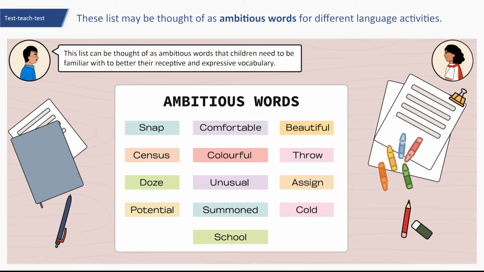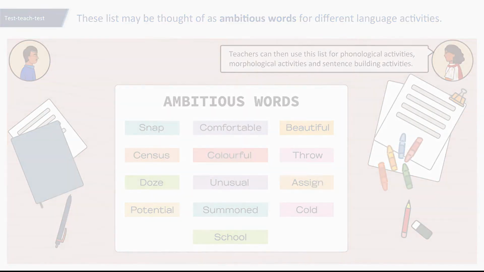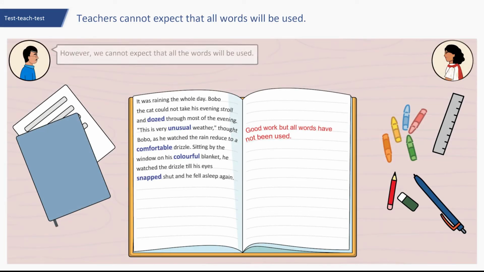This list can be thought of as ambitious words that children need to be familiar with to better their receptive and expressive vocabulary. Teachers can use this list for phonological activities, morphological activities, and sentence building activities. However, we cannot expect that all the words will be used.